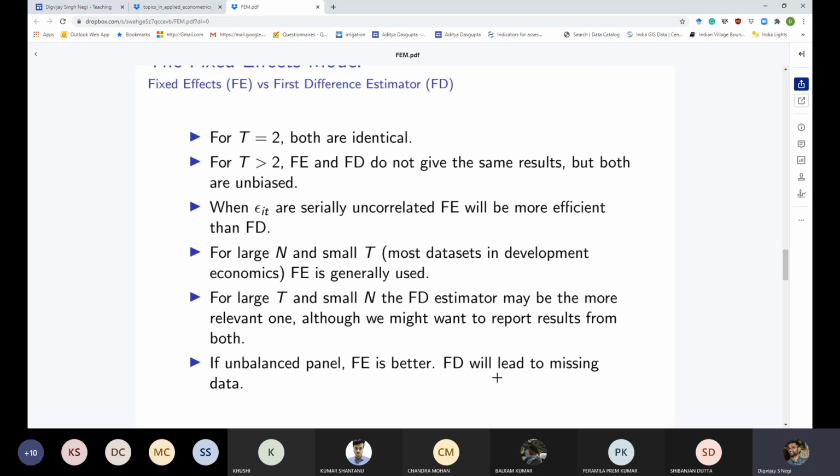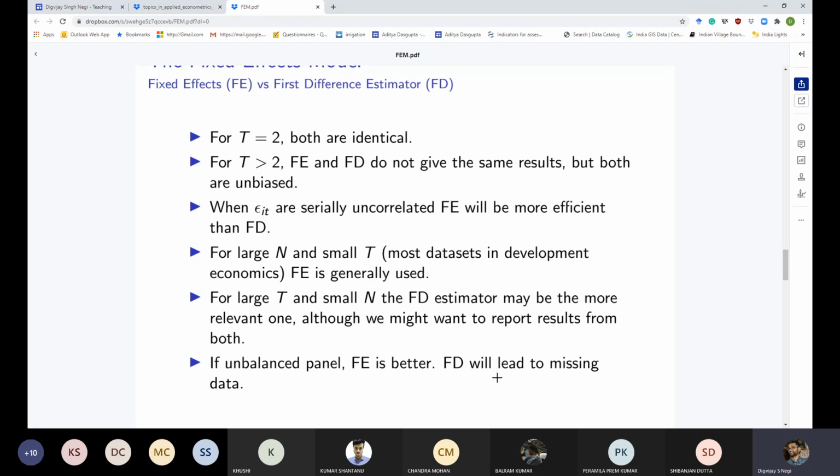But when the time dimension increases, when T is large, for example country level data where you're looking at a panel of 30 countries and 60 time periods, then first difference may be the more relevant one, because as your time dimension increases, you start worrying more about serial correlation over time.